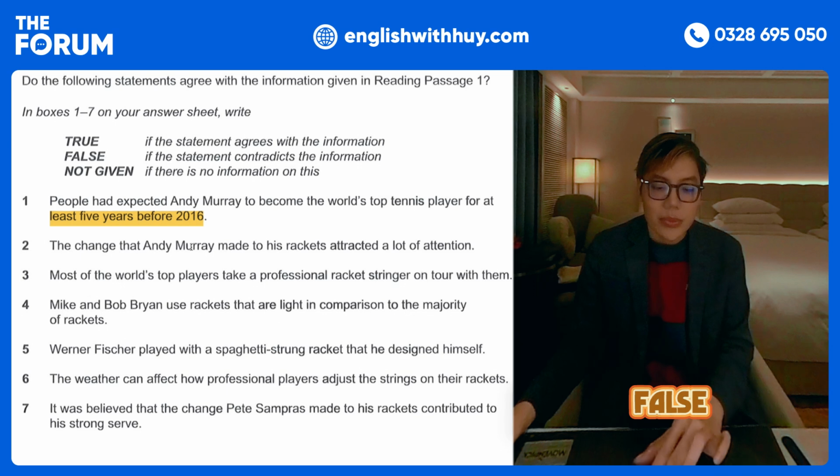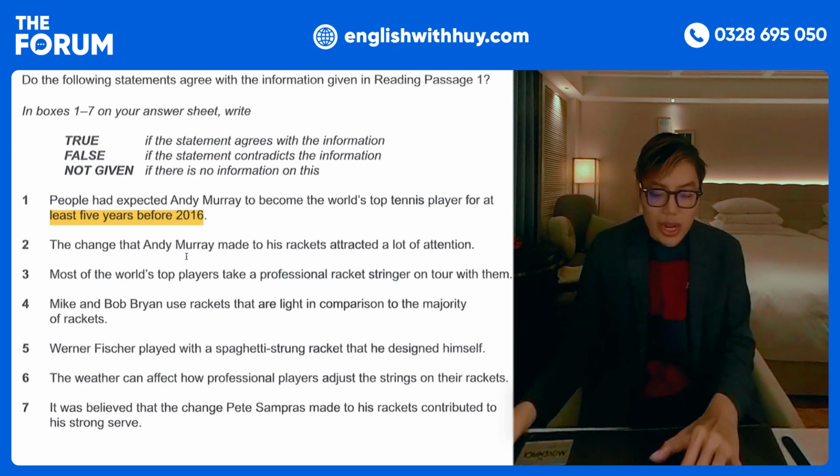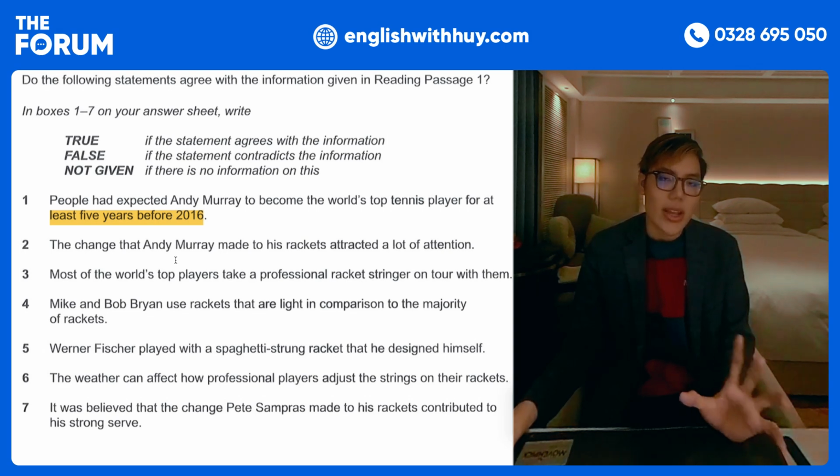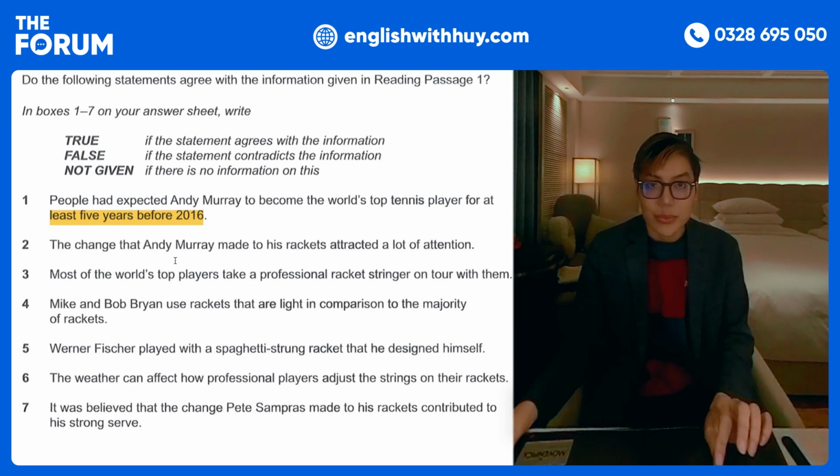Okay, move on. Number 2: the change that Andy Murray made to his rackets attracted a lot of attention. So you imagine yourself answering a question: how much attention did Andy Murray receive regarding the change of his racket?